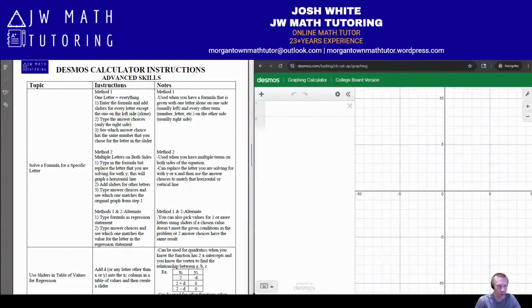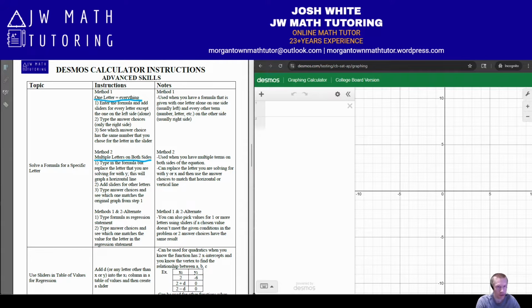There's the one type of problem where you have one letter equal to everything, and then there's a second type where you have basically multiple letters on both sides. The approach to each of these is slightly different, just because one of them has one letter equal to everything else versus the second one. However, this alternate approach I'm going to go through will work with both types of these problems.